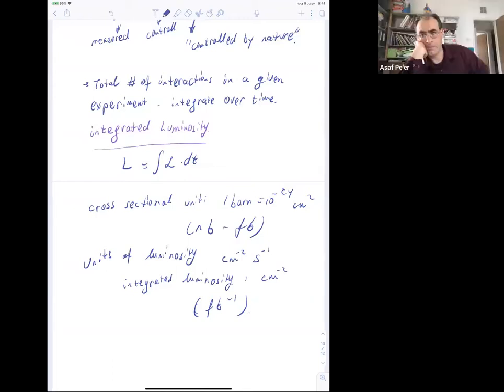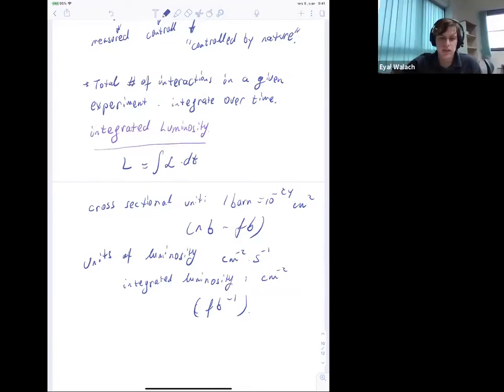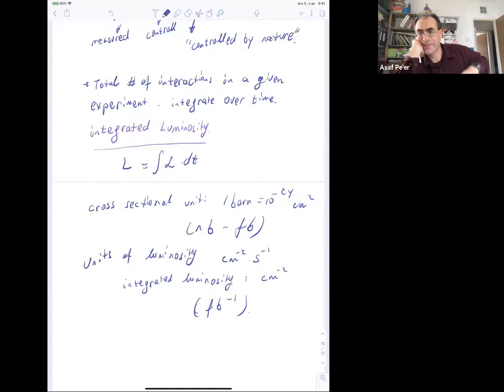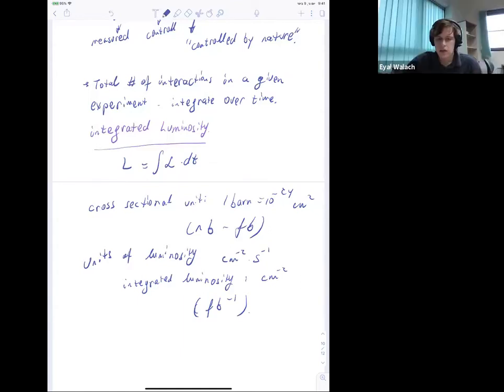So would you say the cross-section in that case is infinite? Yeah, we discussed that. I showed it, I think, last week. It diverges. And that would be the case for any elastic process, actually.